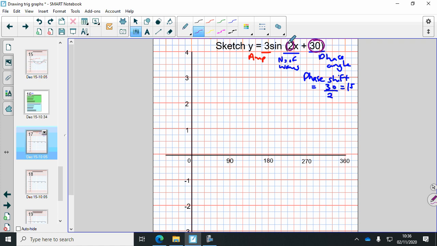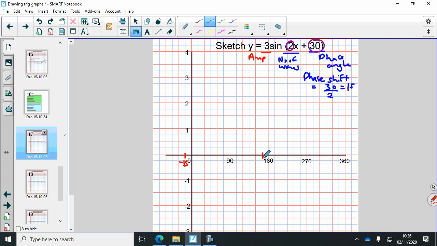So it's not going to start at 30, it's actually going to start 15. And we're actually going to start minus 15 because it's plus. Okay, so we now need to draw that graph. So that's minus 15 there. And we need to fit 2 waves in here. So one wave would normally be between 0 and 180, but everything's shifted along by 15.